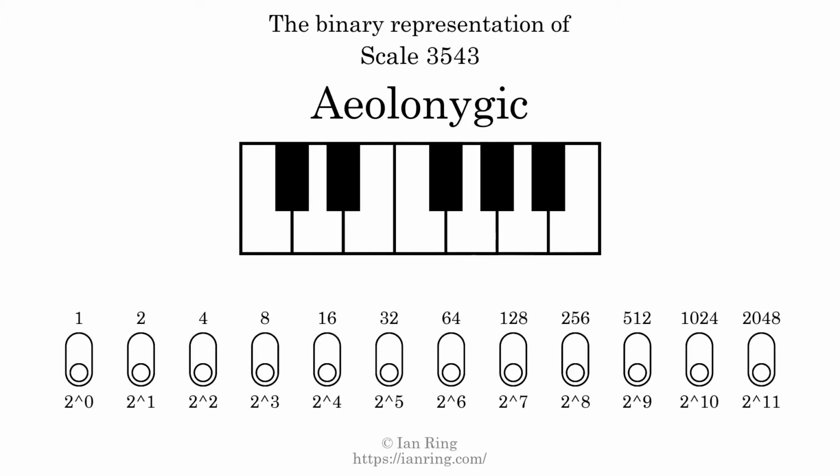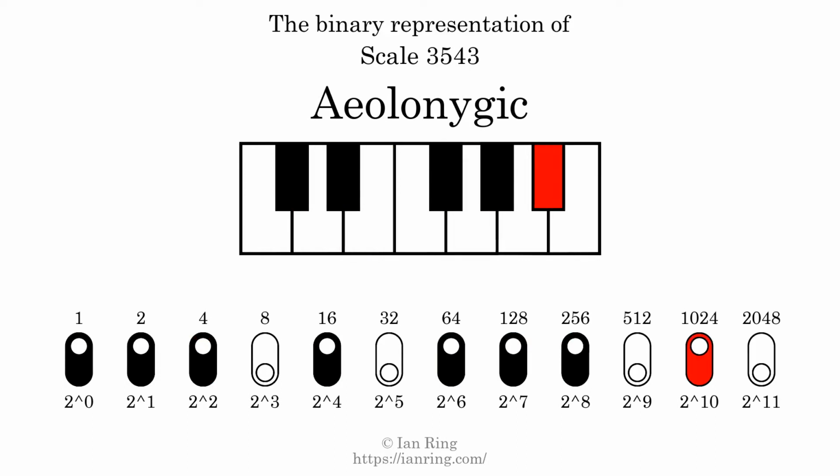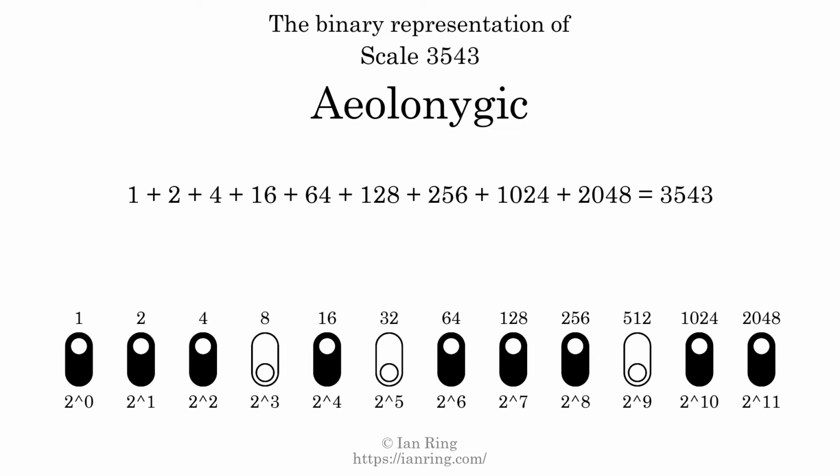The binary representation of this scale is determined by mapping tones of the scale to binary digits. Each binary digit represents a power of 2. To get the scale number, we add the powers of 2 together. The powers of 2 that are present in the scale, all added together, equals 3543.